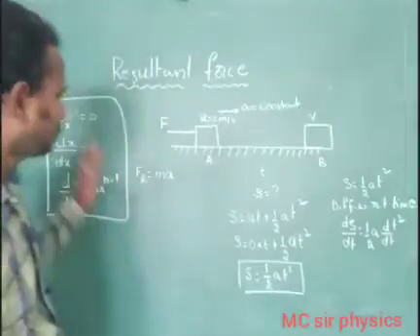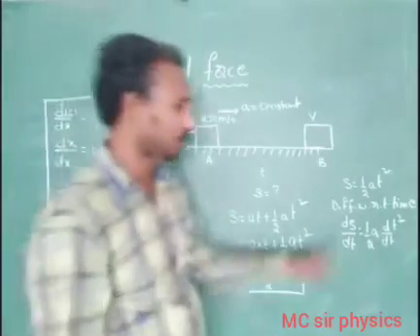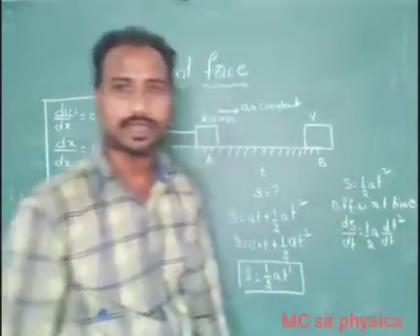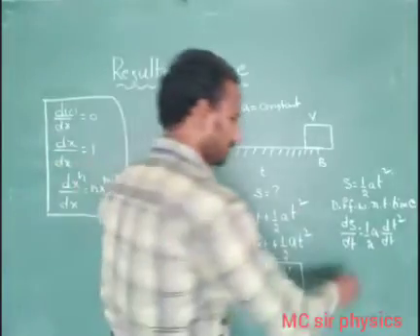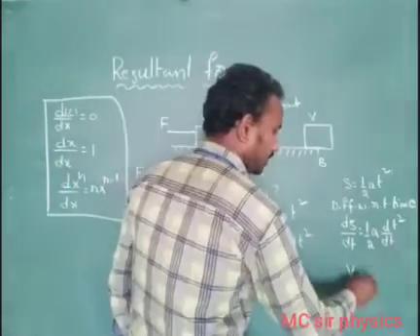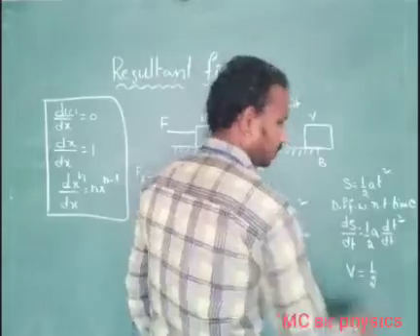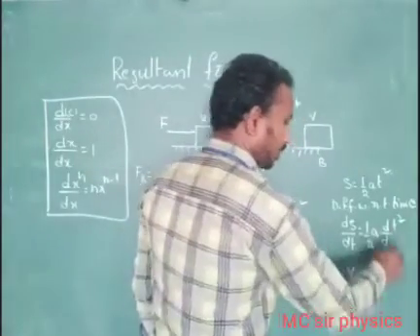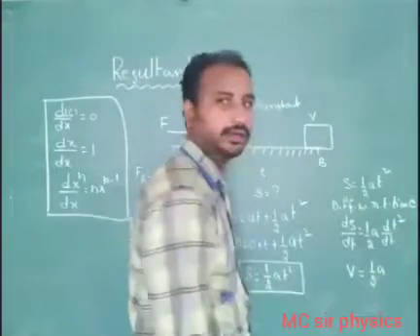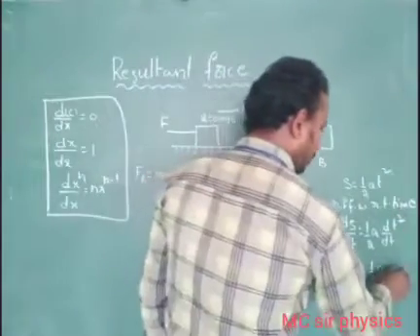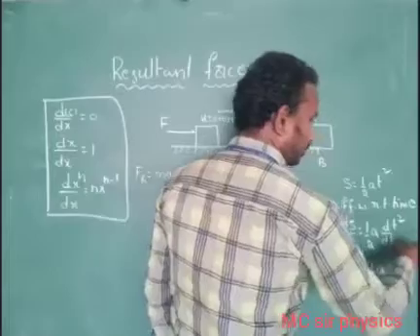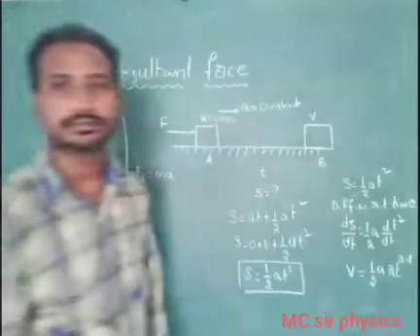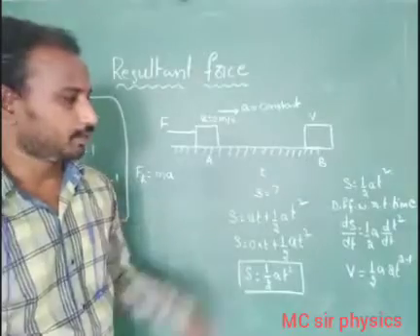These three formulas we have to apply here. The rate of change of displacement is nothing but velocity. Velocity equals 1 by 2 a into d by dt of t square, and d by dt of t square is 2 t power 2 minus 1.